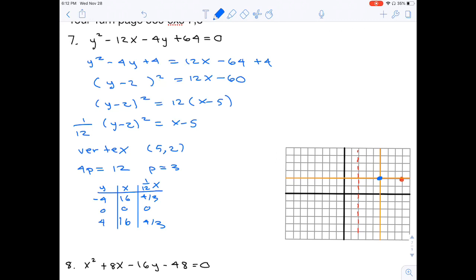So the graph is going to look like, so 4/3, negative 4, 1, 2, 3, 4, and 1, 2, 3, 4. So the graph is going to look like this. Okay.